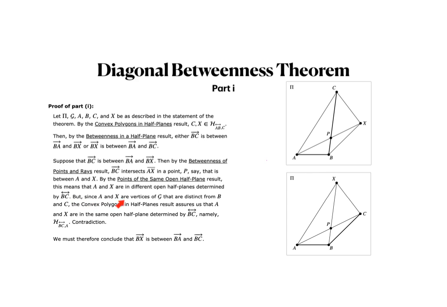But since A and X are vertices of G that are different from B and C, the convex polygon in half plane results assures us that A and X are in the same open half plane determined by BC, namely H sub BC comma A. This is a contradiction. Therefore, we must conclude that BX is between BA and BC. Here's BX. It has to be between BA and BC.